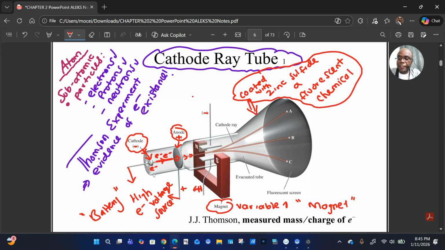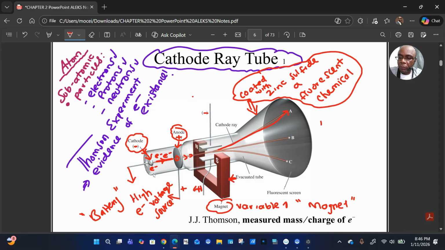He introduced the magnet, and he observed that the introduction of the magnet caused the ray to deflect either upwards or downwards, depending on the polarity of the magnet. So the introduction of a magnet caused a deflection of the stream of ray produced from the cathode.